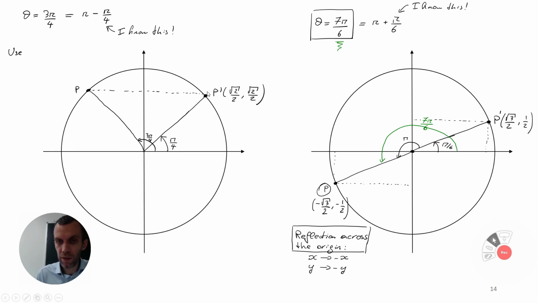And what we can see is that if you take the whole unit circle and rotate it 180 degrees along the y-axis, P turns into P prime and vice versa. So here what we're going to do is use reflection across the y-axis.